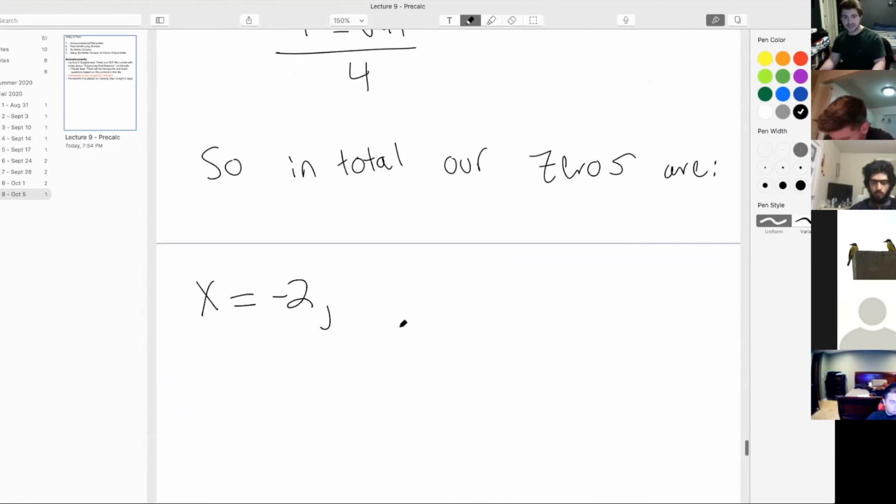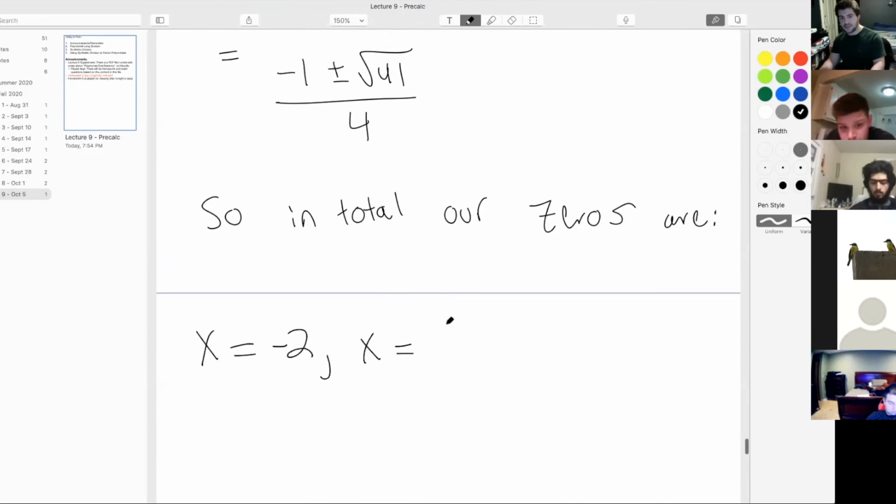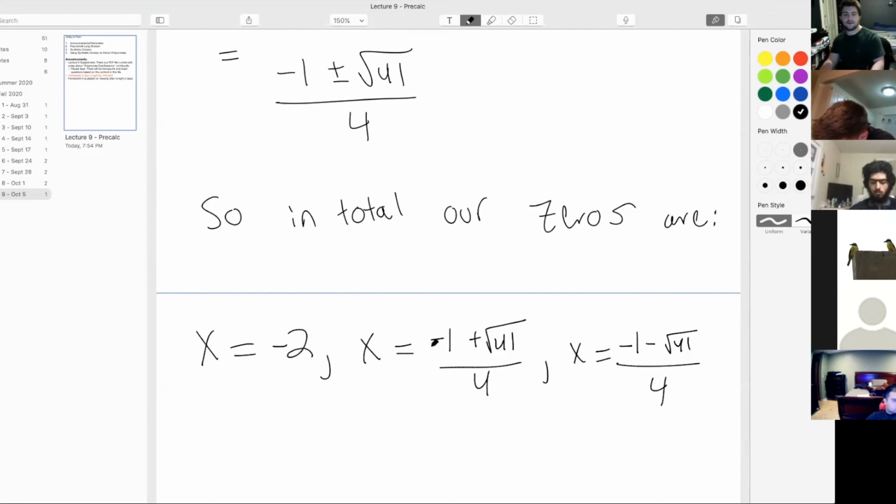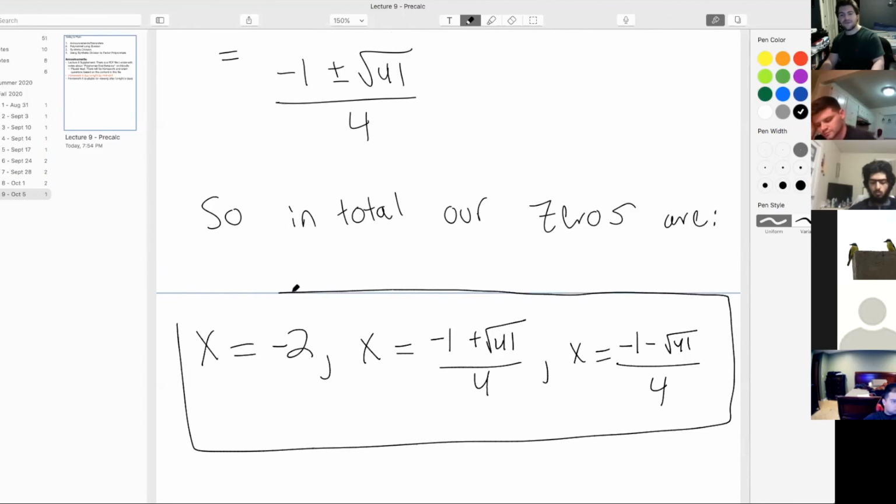One will be -1 plus the square root of 41 over 4. And the last zero will be the same thing, but with the minus sign: -1 minus the square root of 41 over 4. All right. So we were able to find the zeros of that cubic, or polynomial of degree 3.